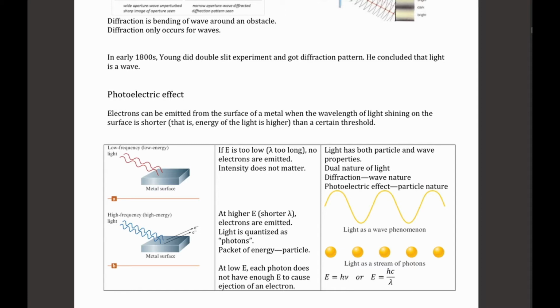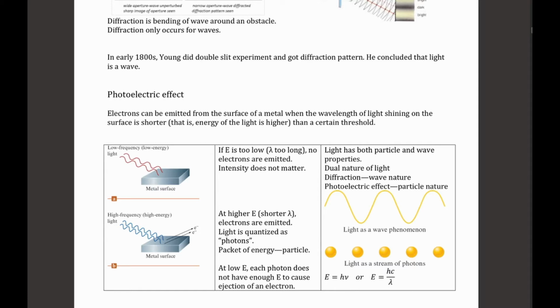Diffraction shows wave properties, the wave nature of light. The photoelectric effect shows the particle properties, the particle nature of light. So we see two diagrams, light as a wave and then light as particles.